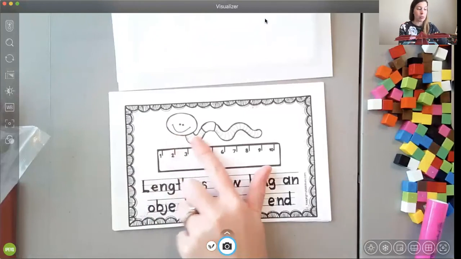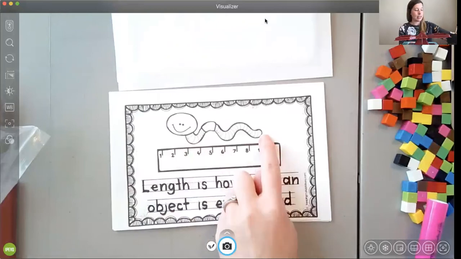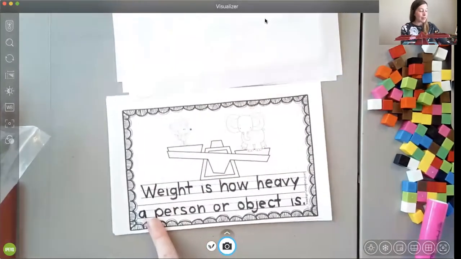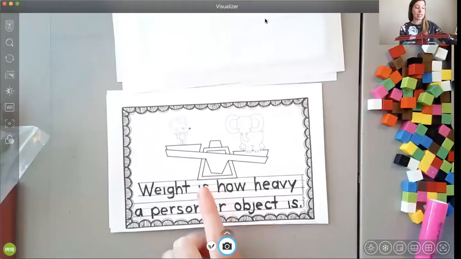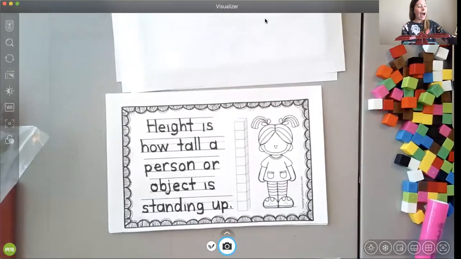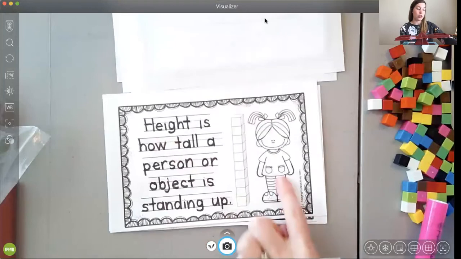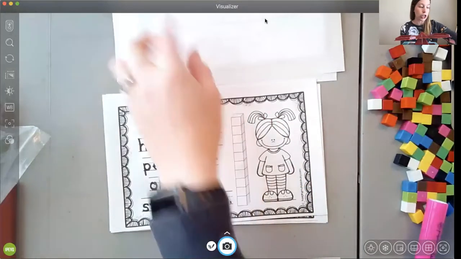So they have this worm and they want to know how long he is. Weight is how heavy a person or object is. This is the one that we're going to focus on today. Height is how tall a person or object is standing up, right? So they've got this girl standing, they've stacked some blocks next to her, and they know how tall she is.